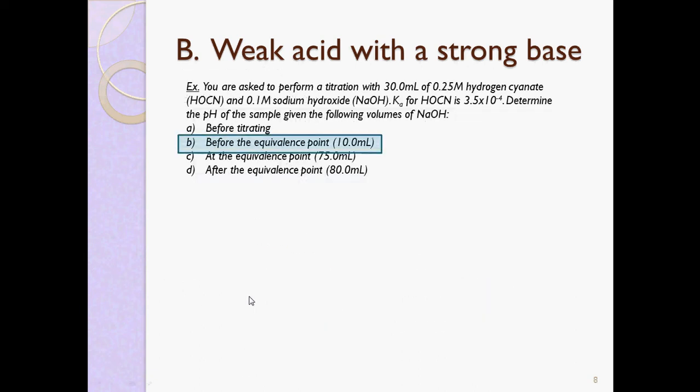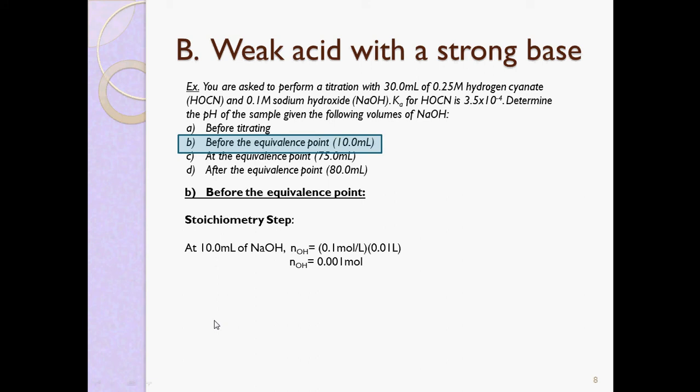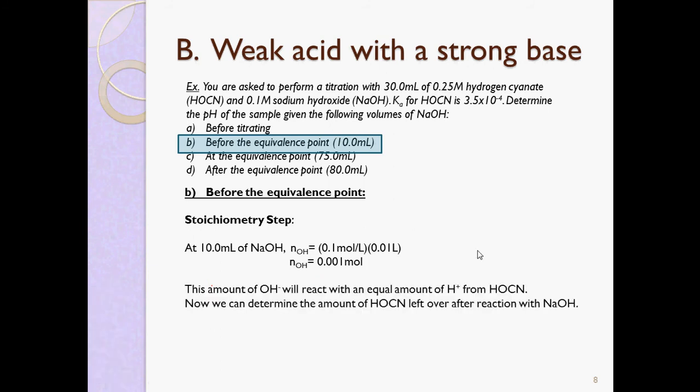Now, second point. This is the more complex one, before equivalence point. Before equivalence point, we're going to look at a stoichiometry step. So we're going to figure out how many moles of base we have. And remember, to figure out the number of moles is the concentration multiplied by the volume. Okay. And now our next step. This is the amount of hydroxide that's going to react with the H+.